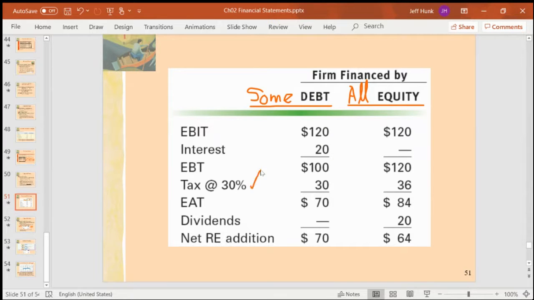And if the tax rate is 30%, 30% of this will be 36 million, if everything is in millions. And then EAT will be 84.